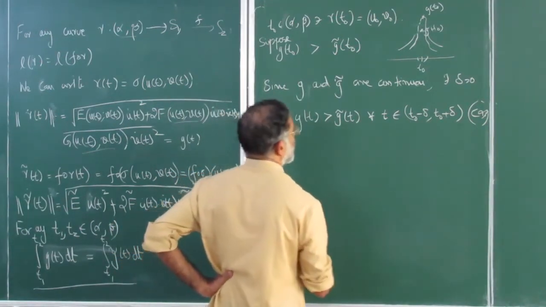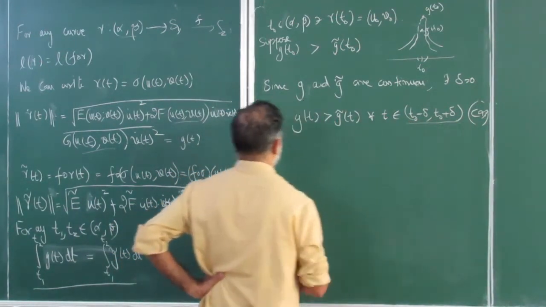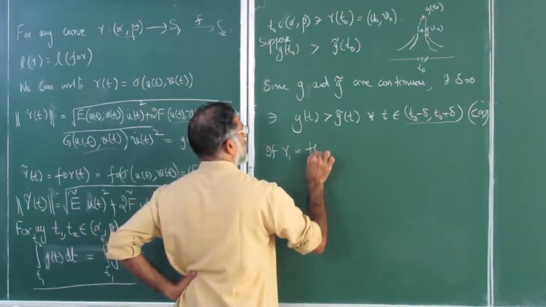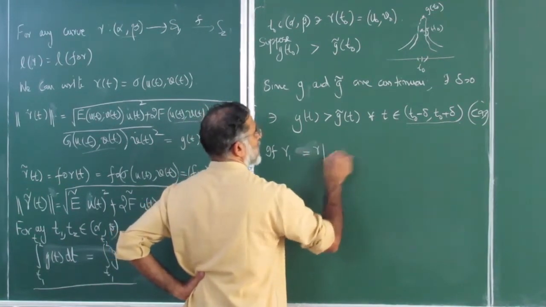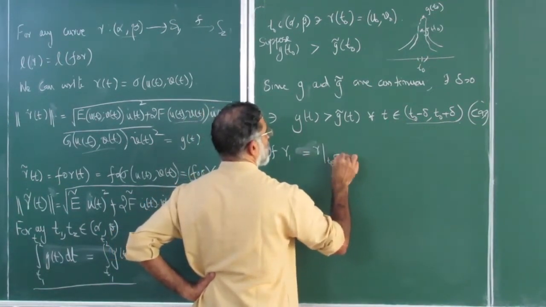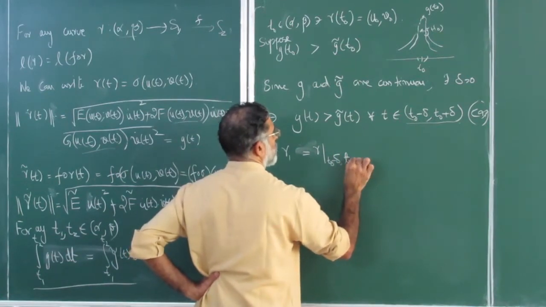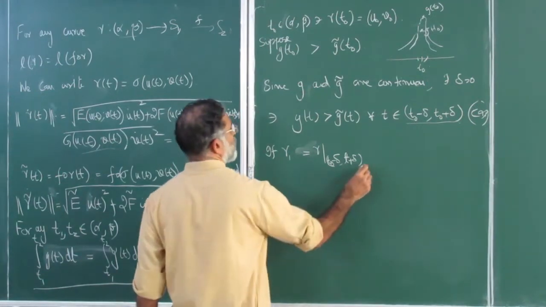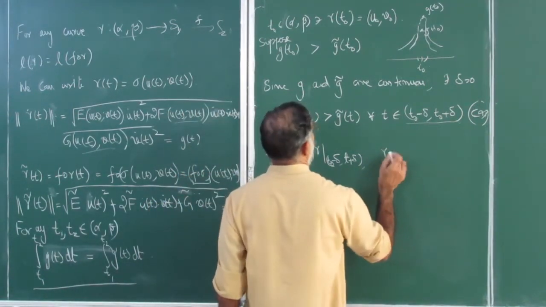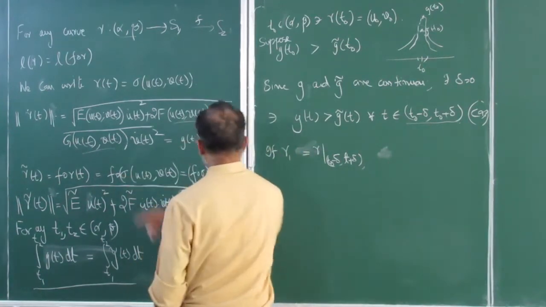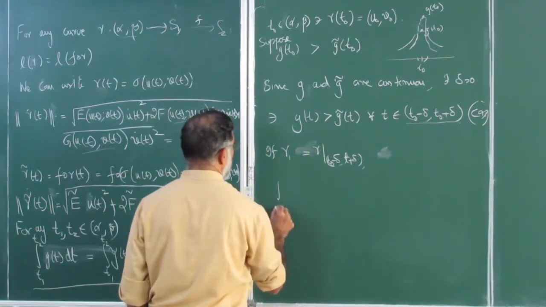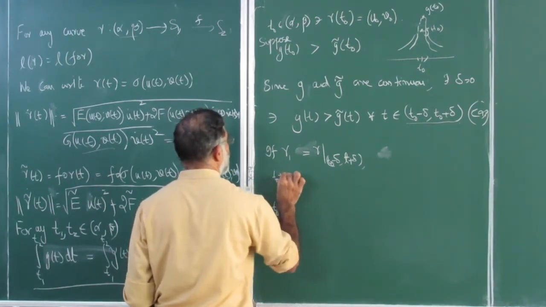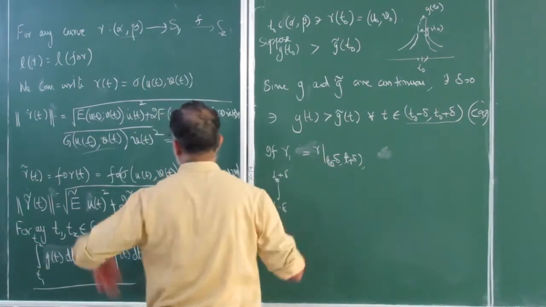So now consider the curve restricted to this. Let gamma 1 be equal to gamma restricted to the interval t0 minus delta, t0 plus delta. Then the length is the integral from t0 minus delta to t0 plus delta of g t dt, since gamma 1 is the same as gamma.